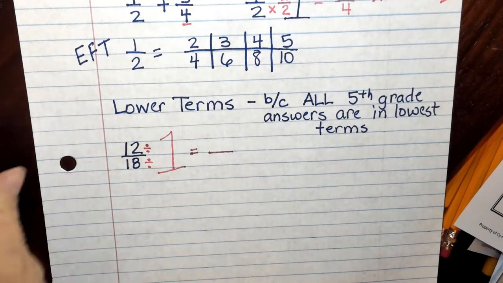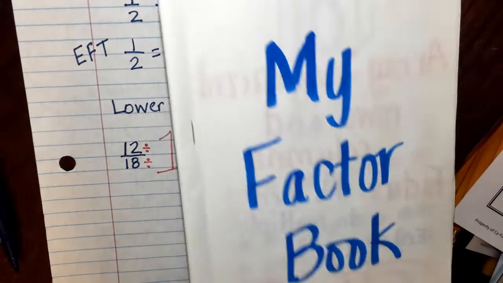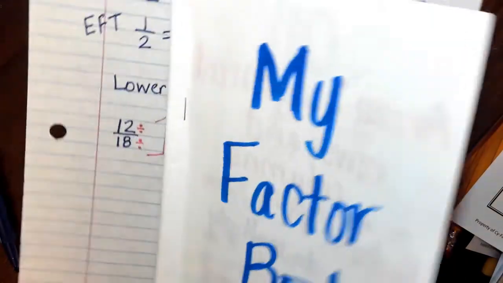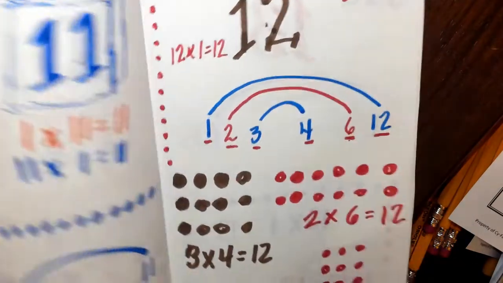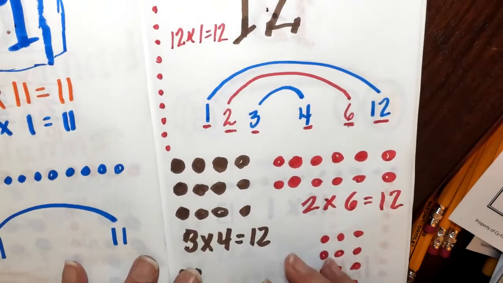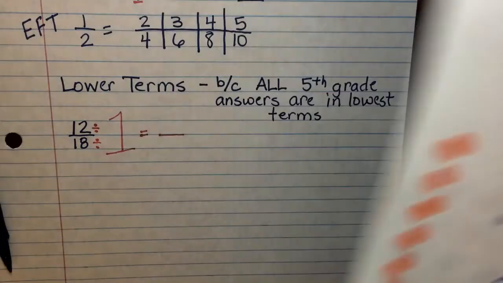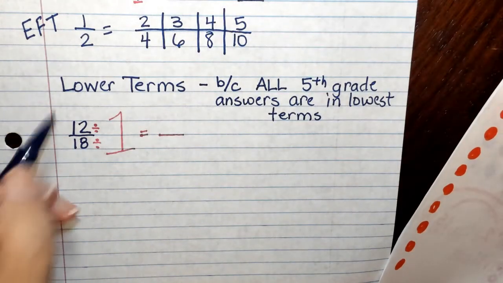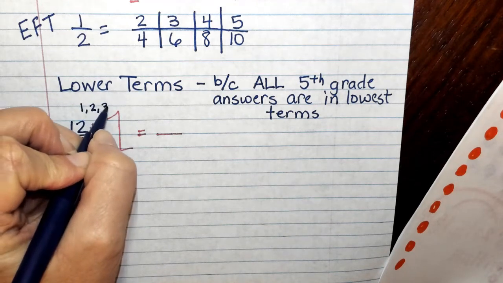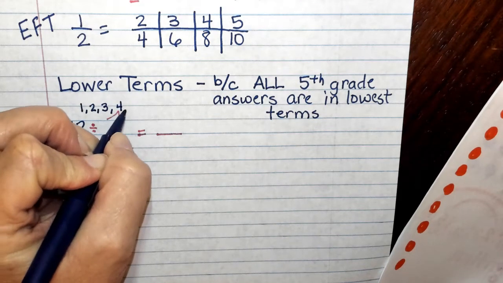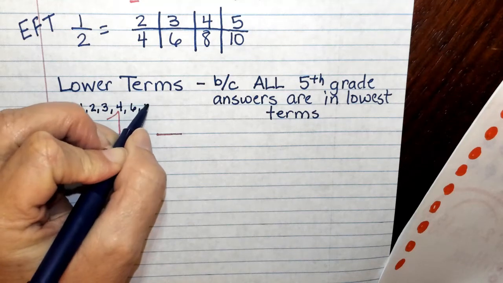So when I pull out my factor book and I look at the numbers for 12, and you should have your numbers for 12 in your booklet, and those numbers look like this. So I'm going to record my numbers down. My numbers for 12 are 1, 2, 3, 4, 6, and 12.